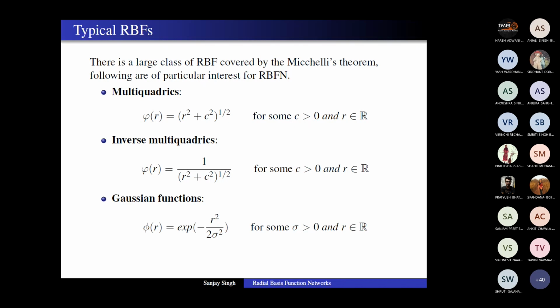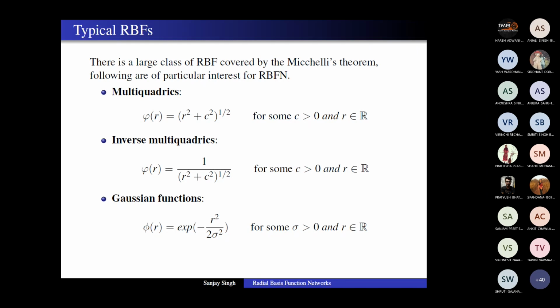For this particular module, we'll be focusing on the Gaussian. By looking at these functions, you can say that inverse multi-quadrics and Gaussian functions are localized in nature. When I say localized, I mean that phi(r) approaches 0 as r approaches infinity, for either the inverse multi-quadric or the Gaussian function. The same cannot be said about the multi-quadrics.